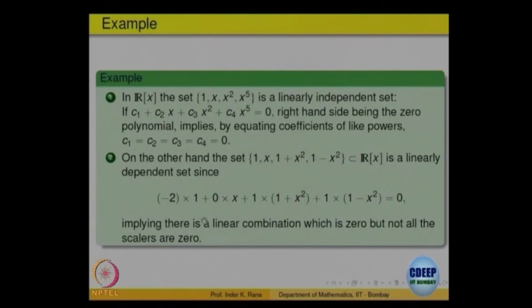So, here is one: minus 2 times 1 plus 0 times x plus 1 times (1 plus x square) plus 1 times (1 minus x square) equal to 0, and obviously here 1 is coming, minus 2 is coming, that is not 0. So, that is a linearly dependent set. Okay. So, that is how you will check whether something is independent or dependent in an abstract vector space.